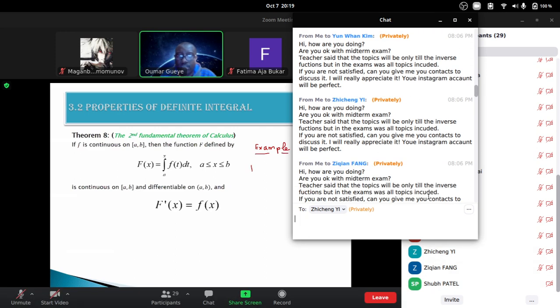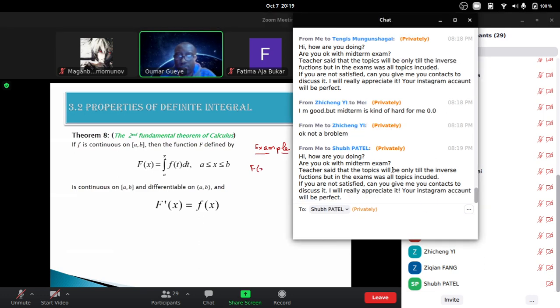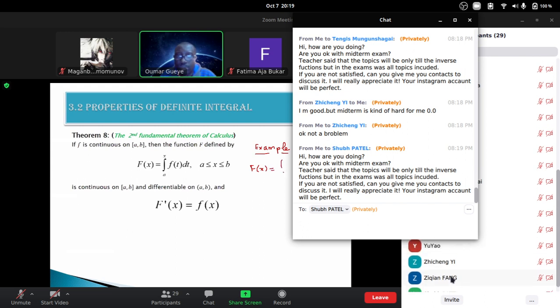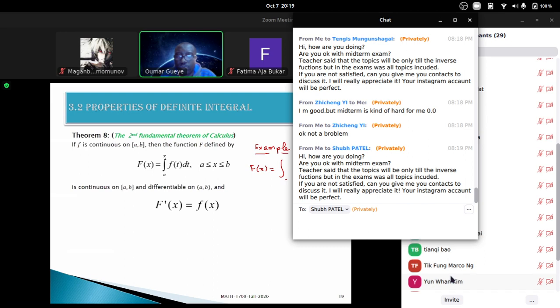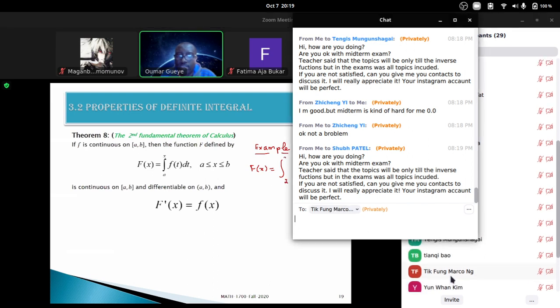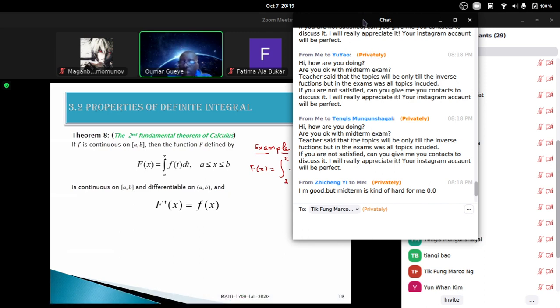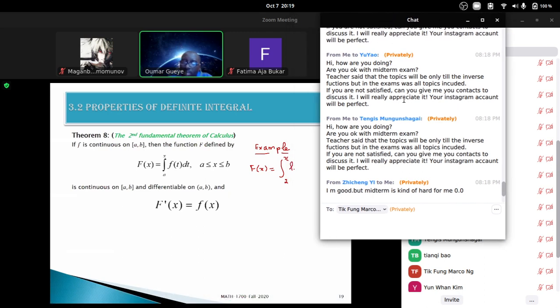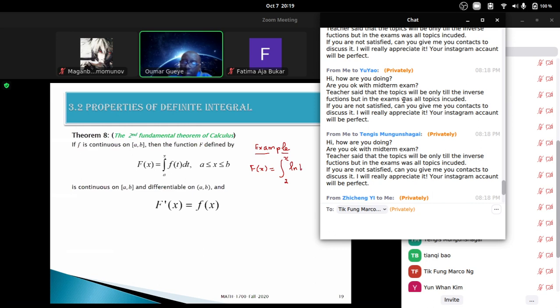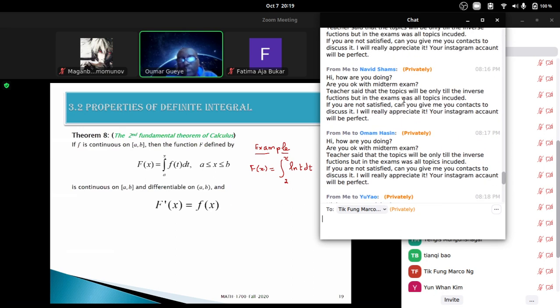Let's say you have capital F of x equal to the integral from 2 to x of, let's say, ln of t. This is a function because you can calculate the values taken by the function.